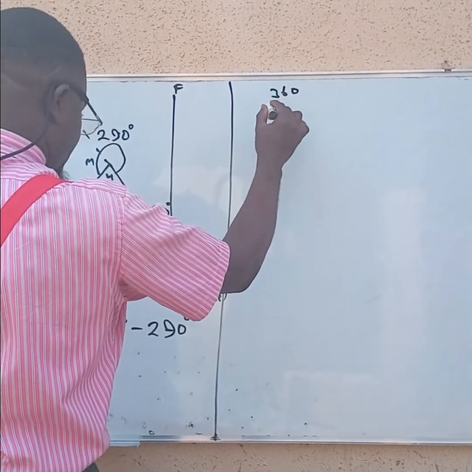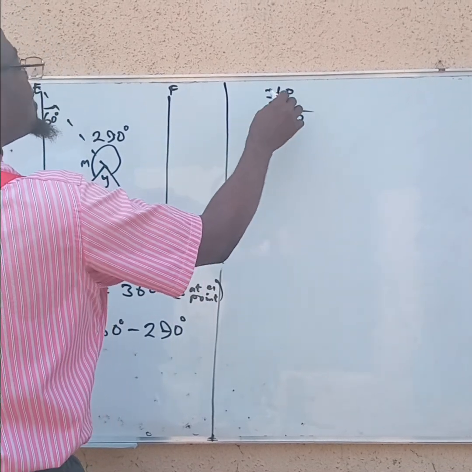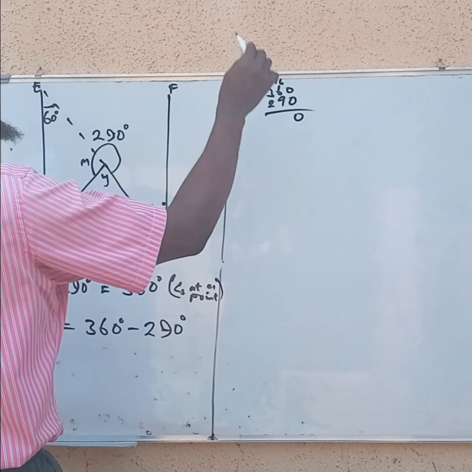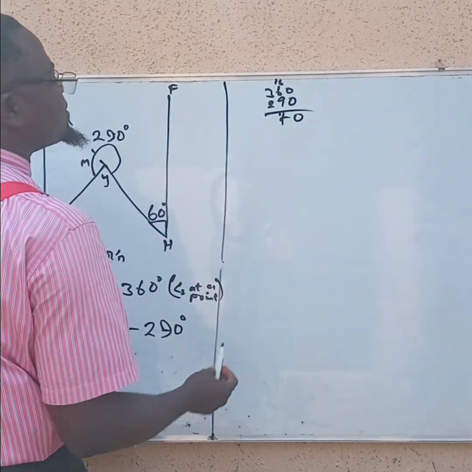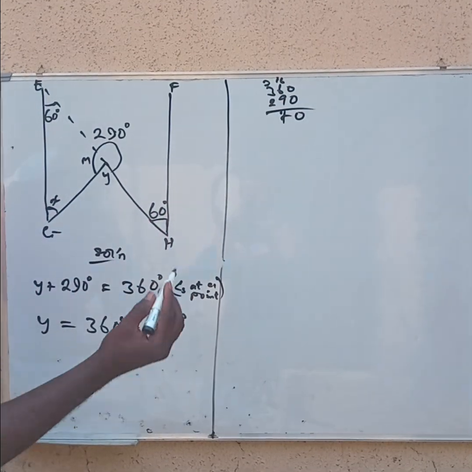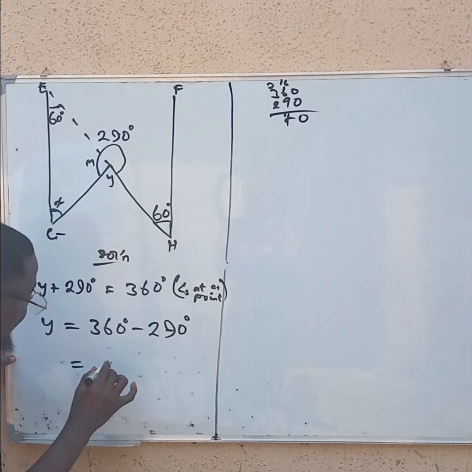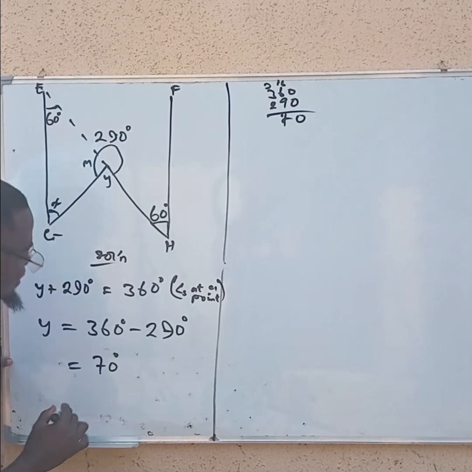We have 360, 290. It's not everything you use a calculator for. This becomes 16. If you carry 6, carry 3 from here, this becomes 7. This becomes 2. 2 minus 2 is 0. So what I'll have here is my Y is equal to 70 degrees.